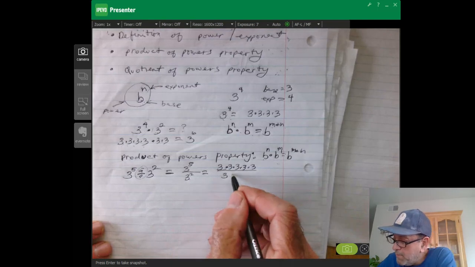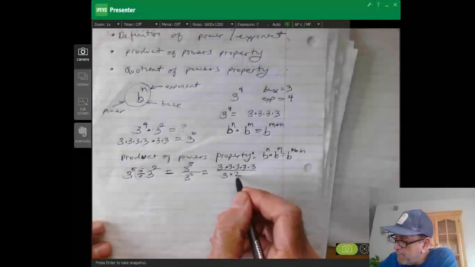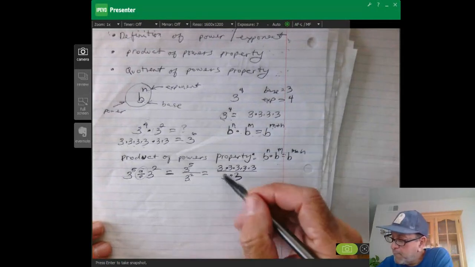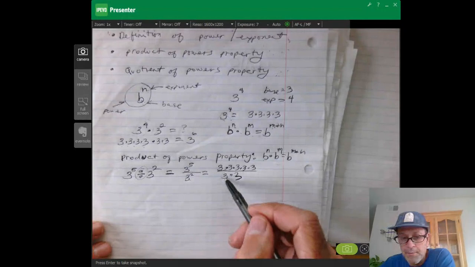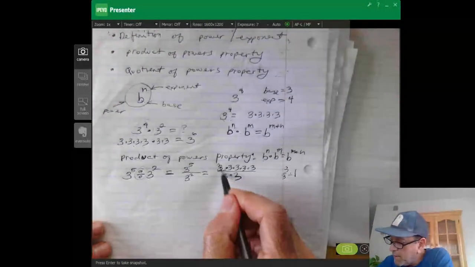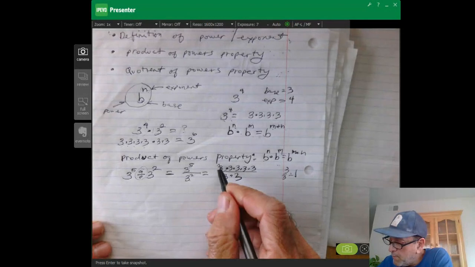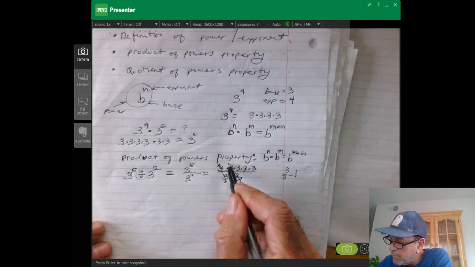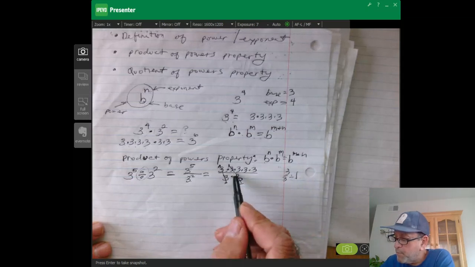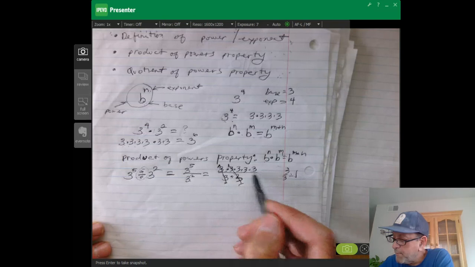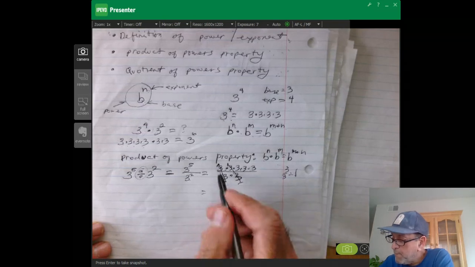In the denominator, we have 2 3's. For each of these pairs, 3 divided by 3 is equal to 1, so we can cancel that out and replace it with a 1. We can cancel this out and replace it with a 1. So now we have 1 times 1, no 3's in the denominator, and 3 times 3 times 3.